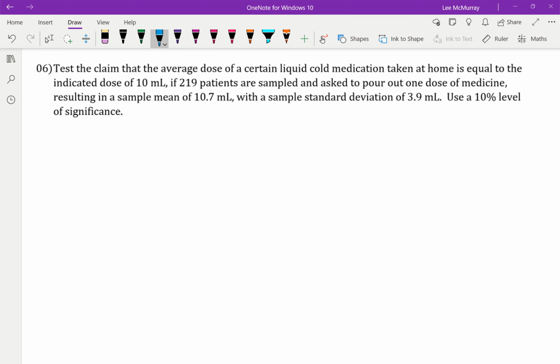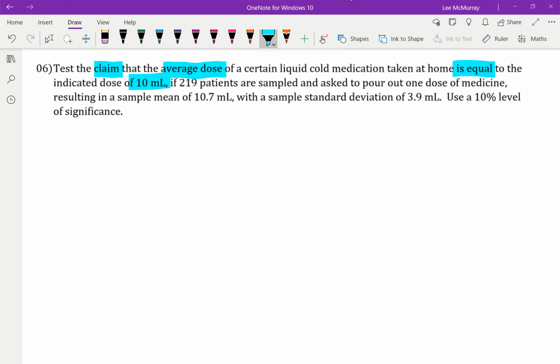Okay, so what is our claim here? Our claim is that the average dose of the cold medication at home is equal to the indicated dose of 10 mils. So if it's equal to, we'll highlight that. We're trying to determine if it could be either higher or lower, right?